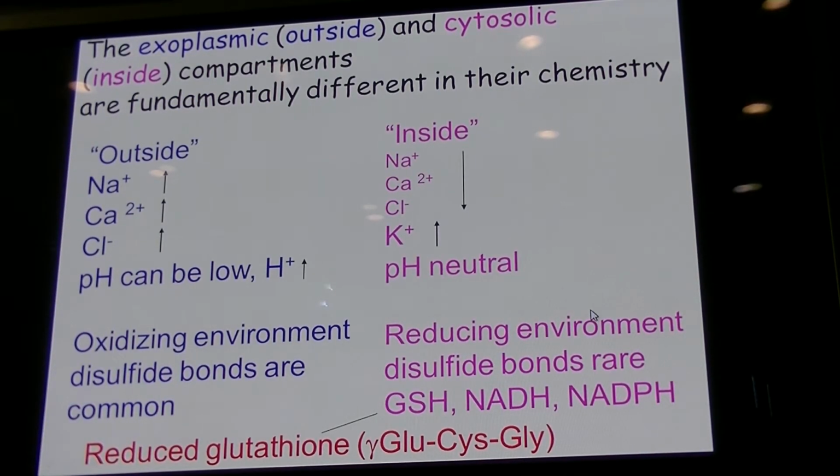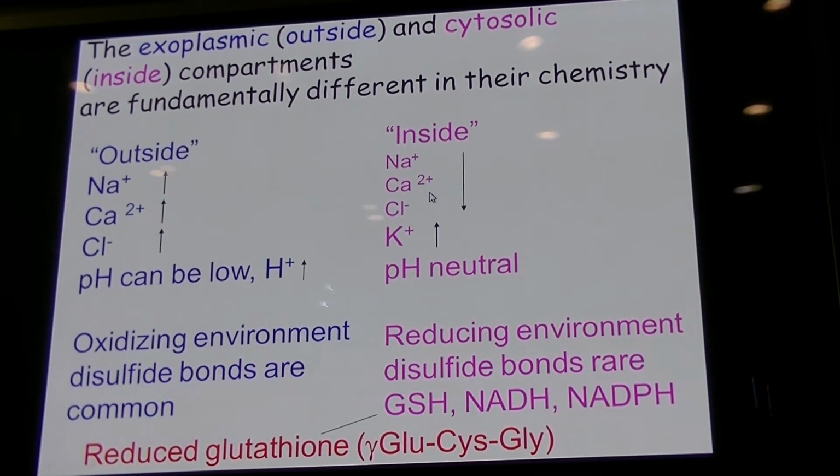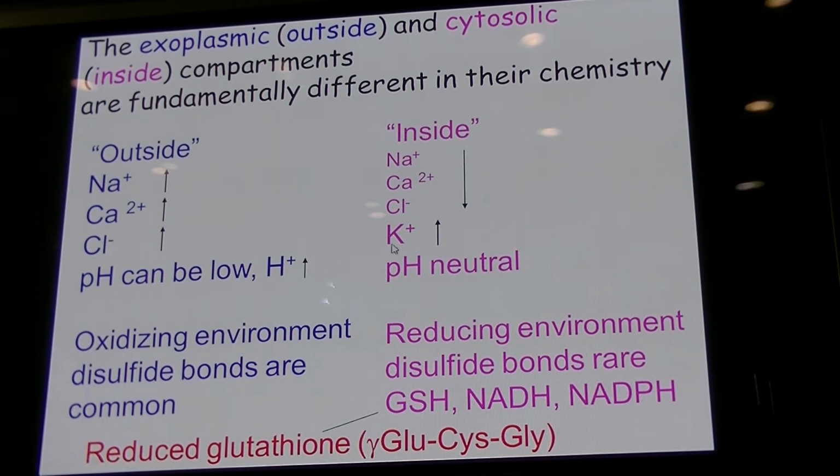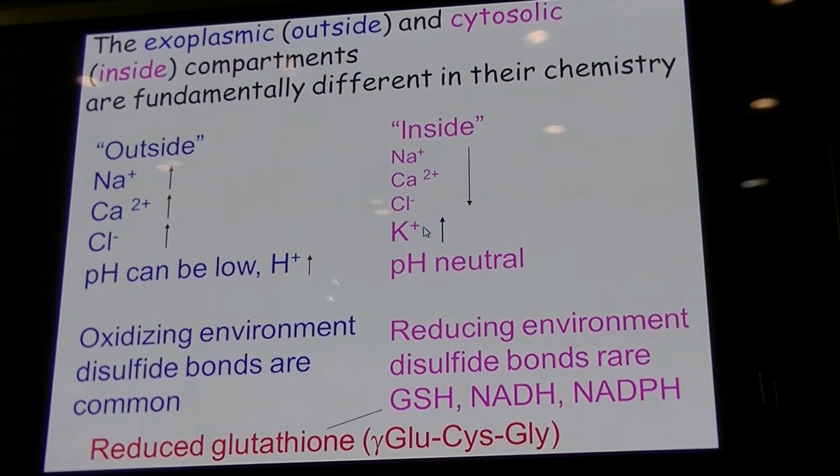So how are these two compartments different? Well, think about what we find on the inside of a cell in the cytosol. We always have low concentrations of sodium, very low concentrations of calcium ions, and relatively low concentrations of chloride ions. We have abundant potassium. Potassium is the dominant ion within living cells.